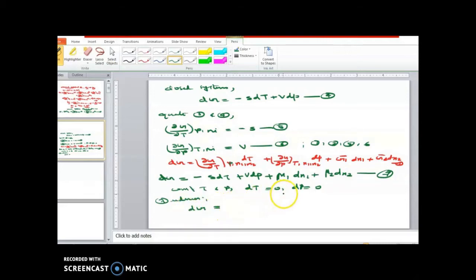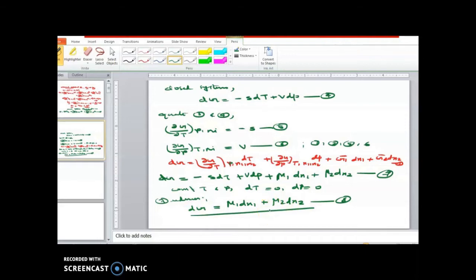These two terms cancel, right? Then we have only mu1 dn1 plus mu2 dn2. This is equation 8. So we have dG is equal to mu1 dn1 plus mu2 dn2.